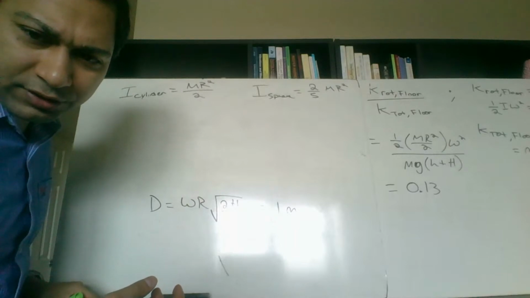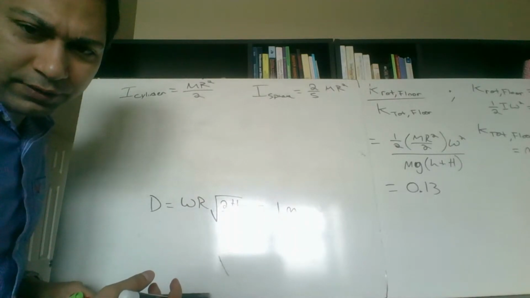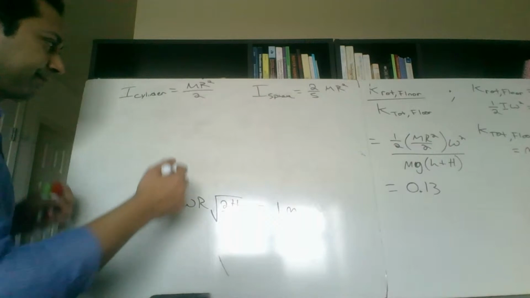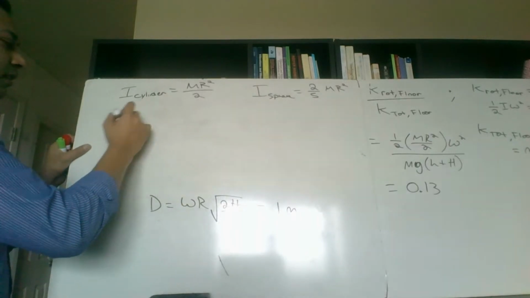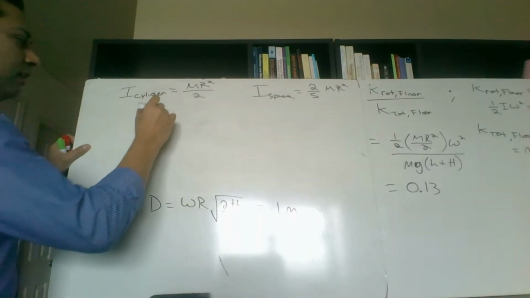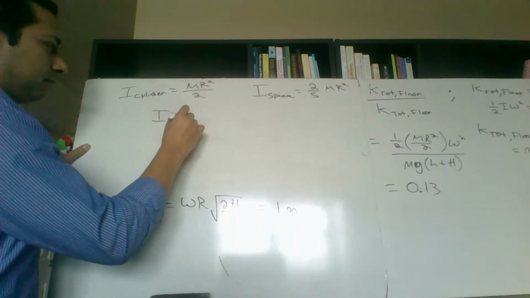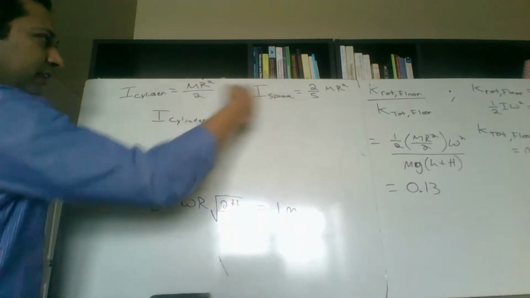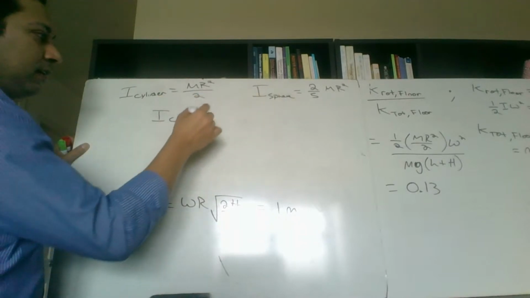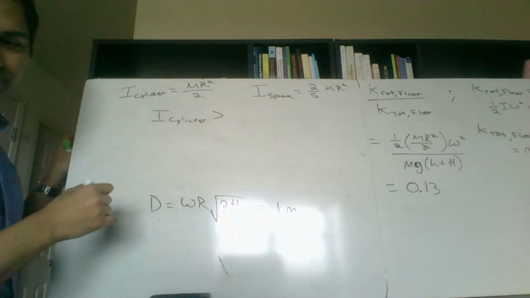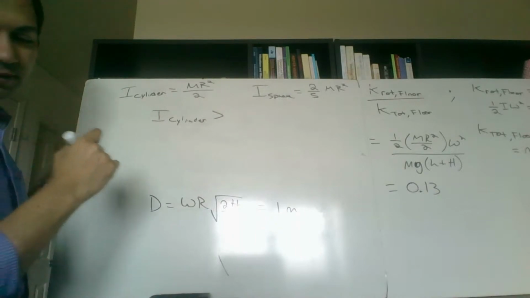Let's see here. Two questions on each of the two separate. Okay. So I cylinder, according to this equation, is going to be greater than I sphere.